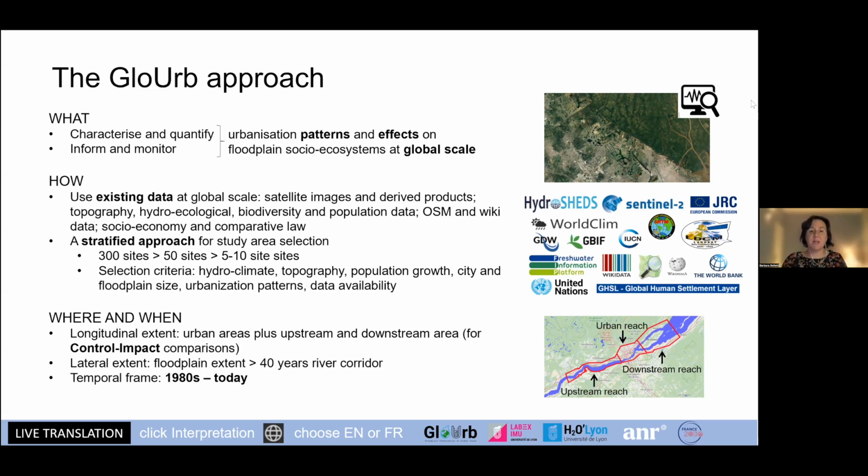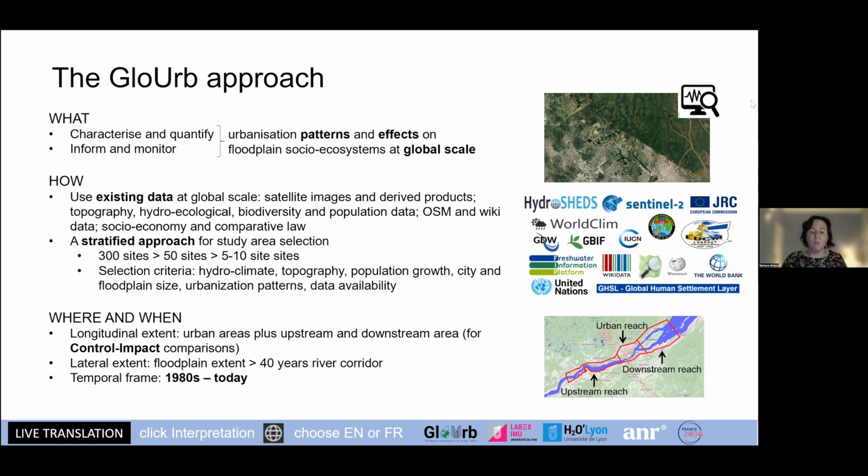And in order to get to the global scale, we will not produce a full map that will represent the urban growth everywhere, but we want to work with strata, and therefore we can select a city or an agglomeration. We'll have 50 sites which represent the various cases, from 1980 to today.